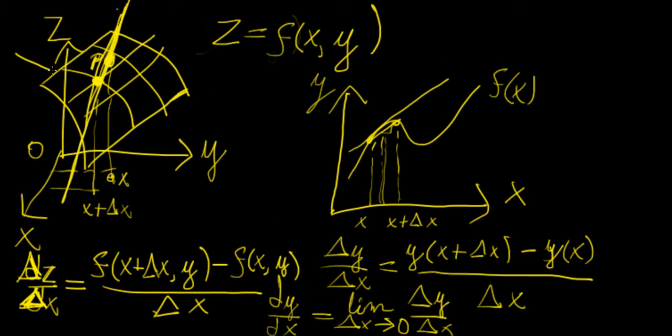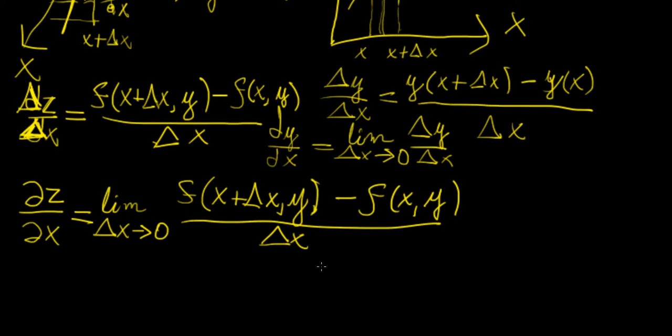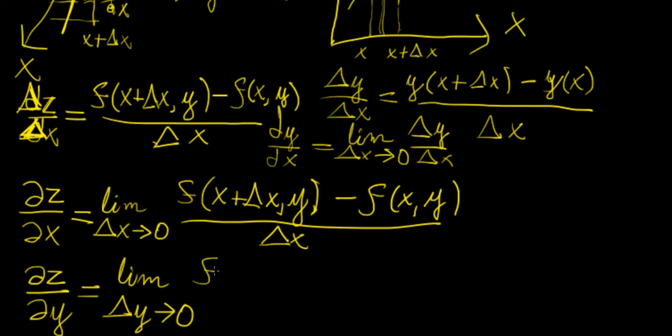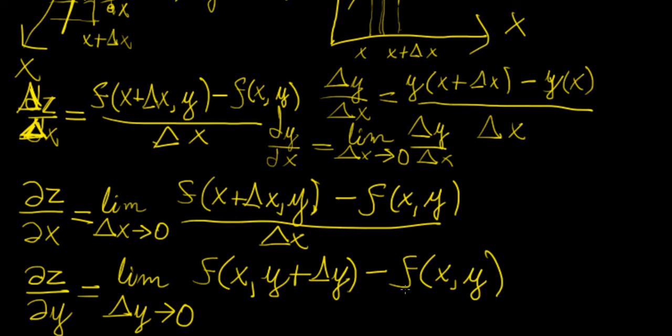And now if we do the same thing, we know that if we take a tangent or a line that passes through 2 points along the y direction, then our derivative in that direction, or the gradient, is going to be equal to the following. So the partial derivative of z with respect to y is going to be equal to the limit as delta y goes to 0 of the function f of x, y plus delta y, because now y is the variable that is changing, whereas x remains constant, minus f of x, y, and this is going to be over delta y.